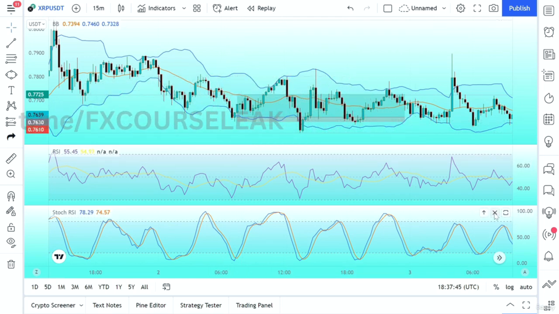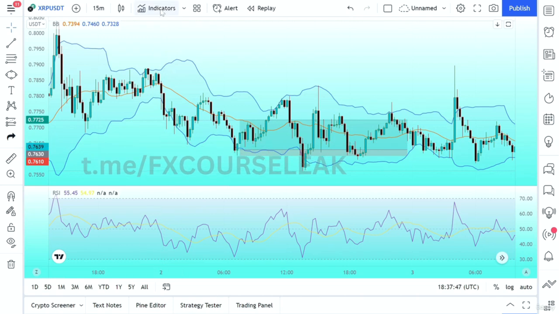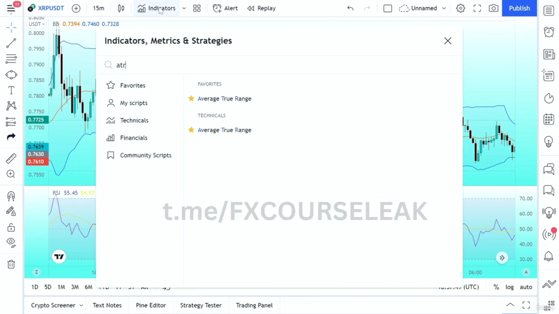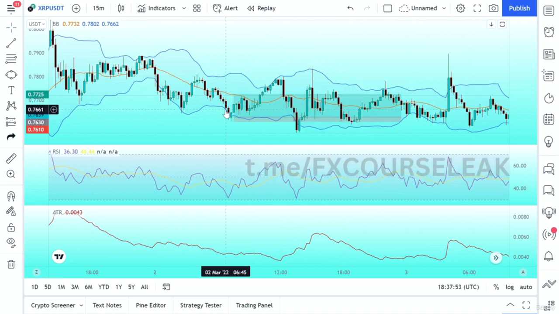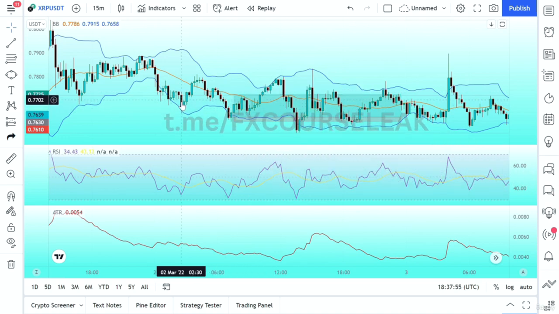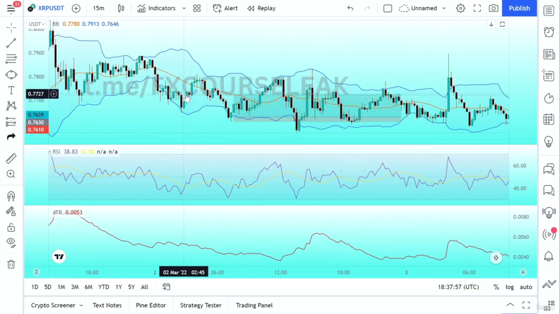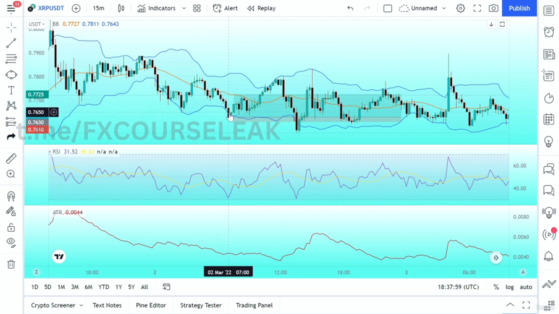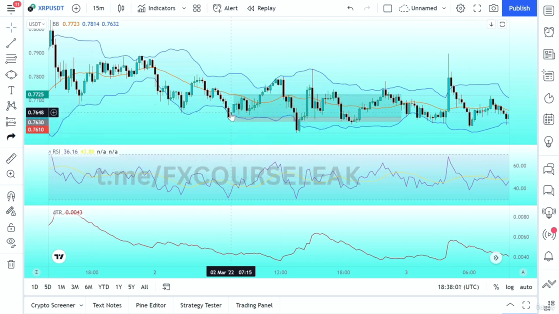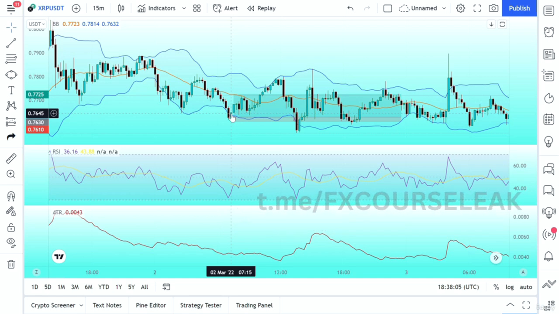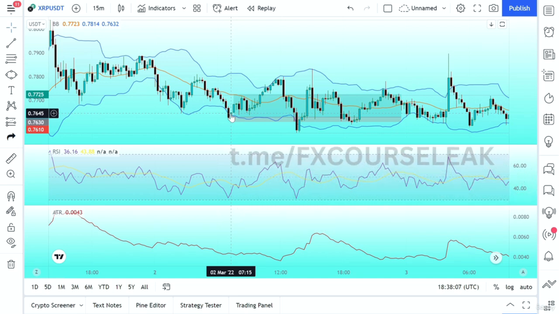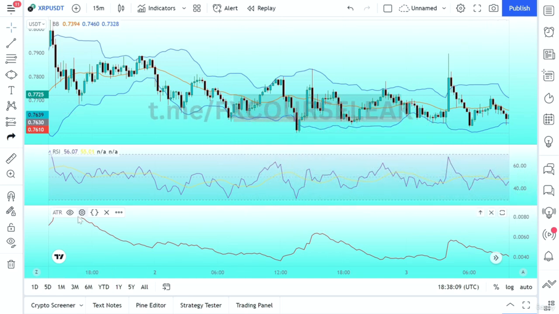Now the third thing is I will open an ATR, the average true range indicator. For every candle the ATR value is different. For this specific candle on which I just entered the market, the ATR value is 43, you can see here.